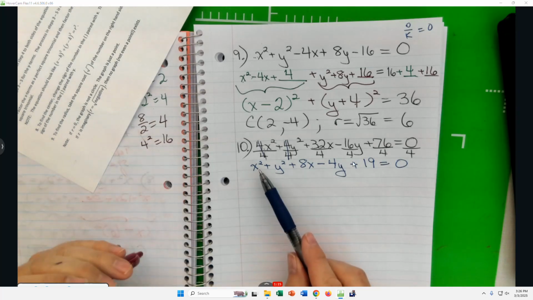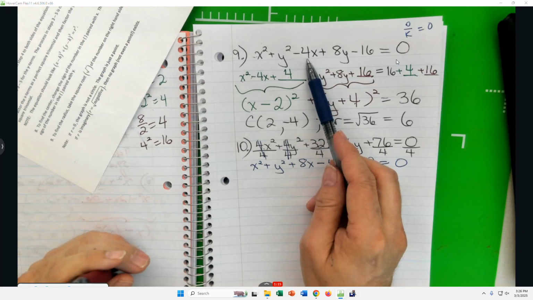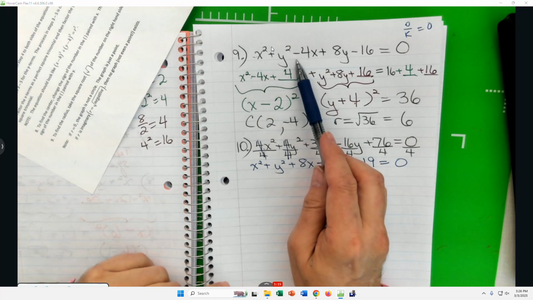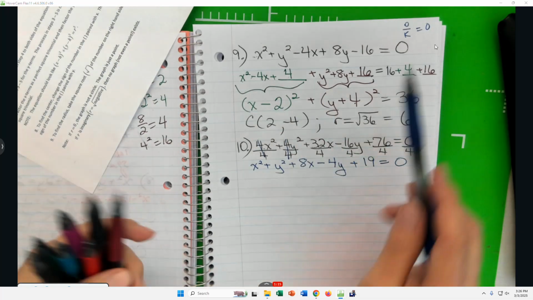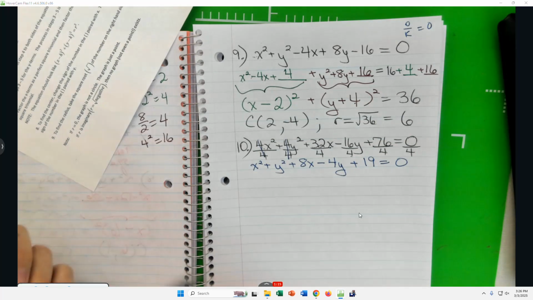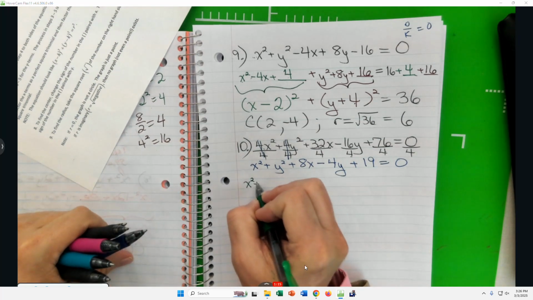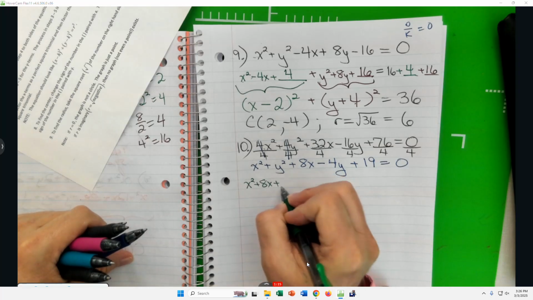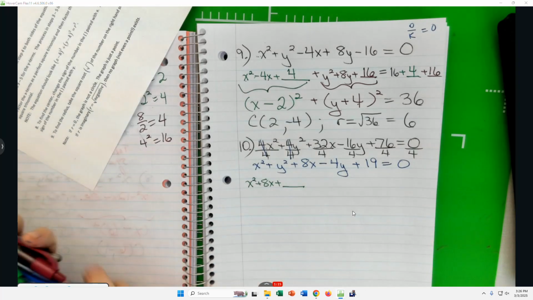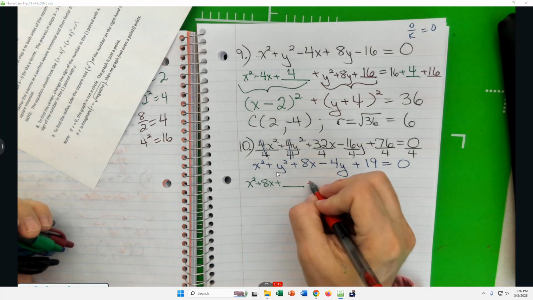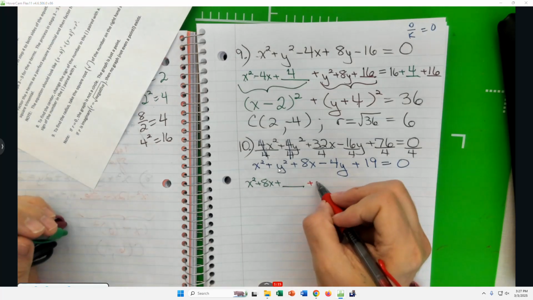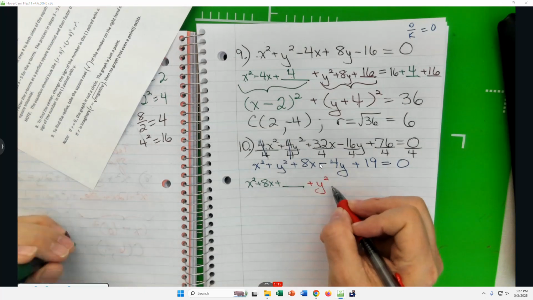Now, number 10 looks like number 9. So we're at the same spot we were when we started number 9. We'll group the x terms together. X squared plus 8x plus, skip some space, plus, we have a y squared. What else do we have here beside the y squared?